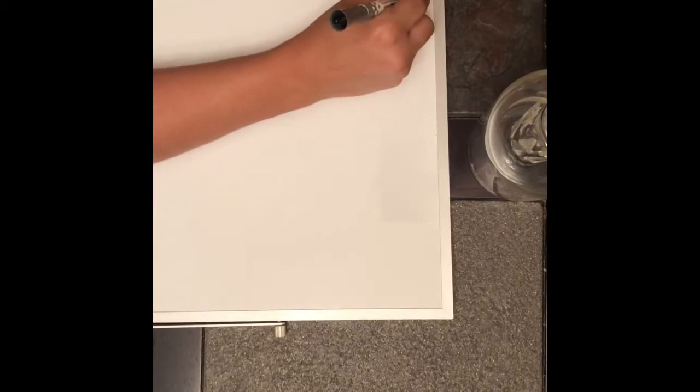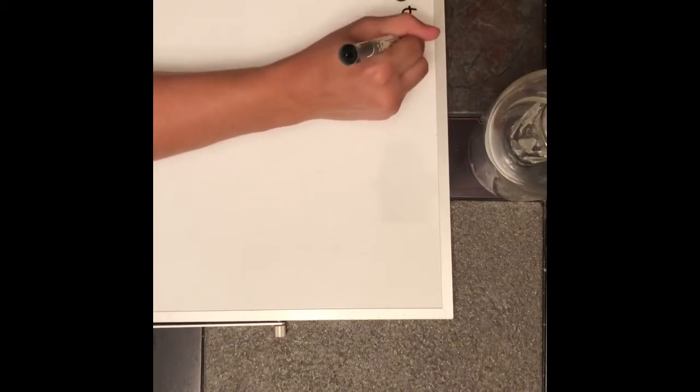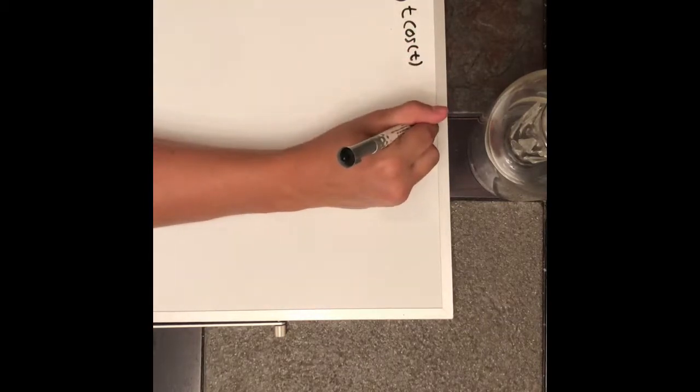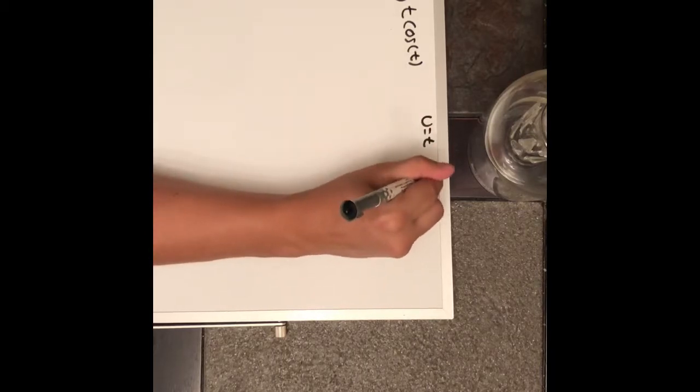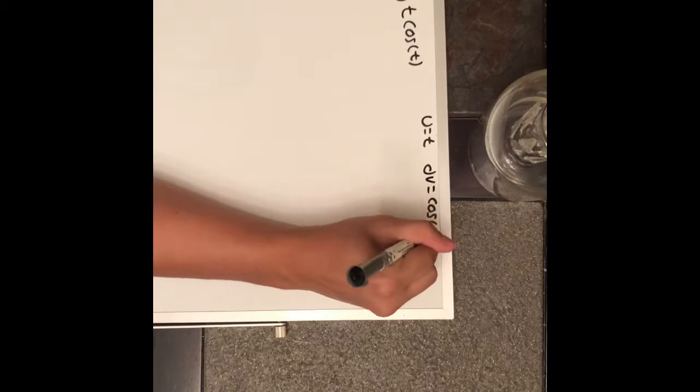So let me rewrite what we had here. We had the integral of t cosine t to solve for, and we were going to do integration by parts. We're going to say u equal to t, dv equal to cosine t.